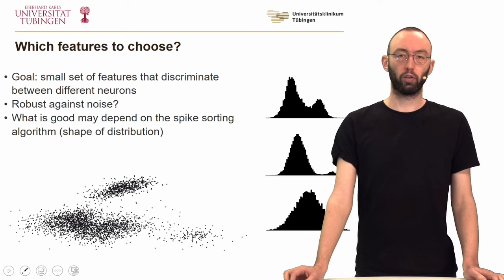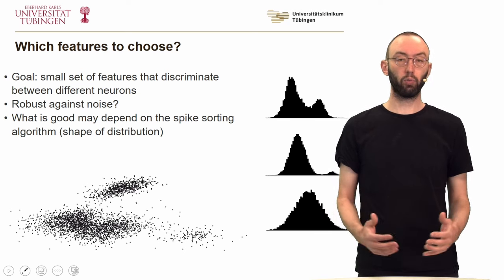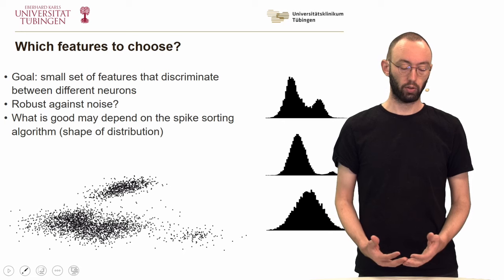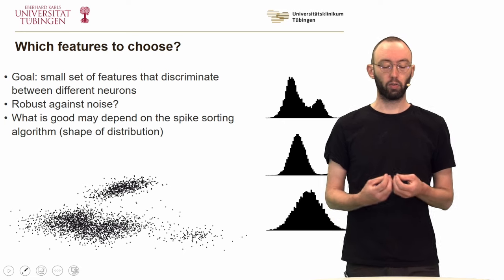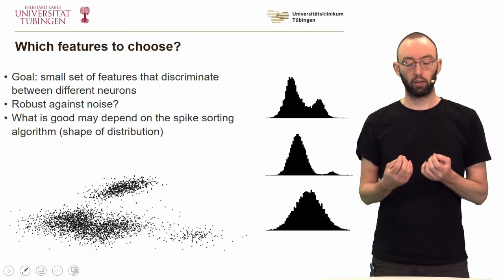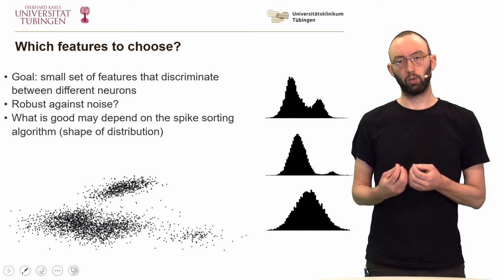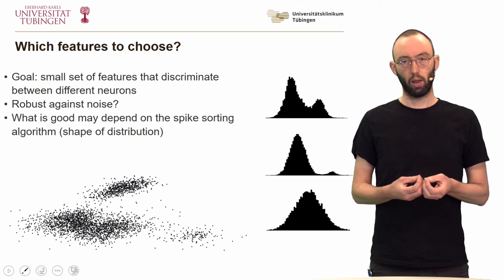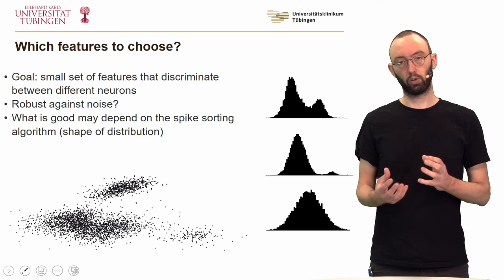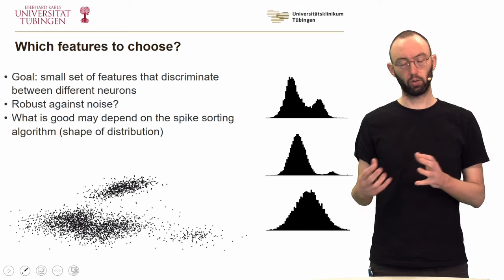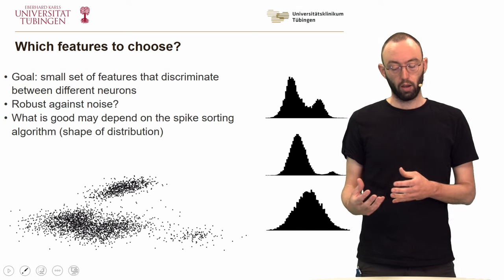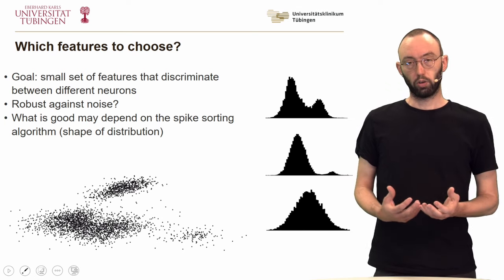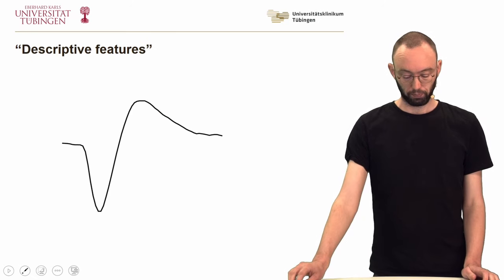Of course, choosing the features in such an unsupervised learning setting is not easy. So what we want is a small set of features that robustly discriminates between different neurons. It should be robust against noise and help us to sort the spikes into the different neurons. Now, what is a good feature for doing that?